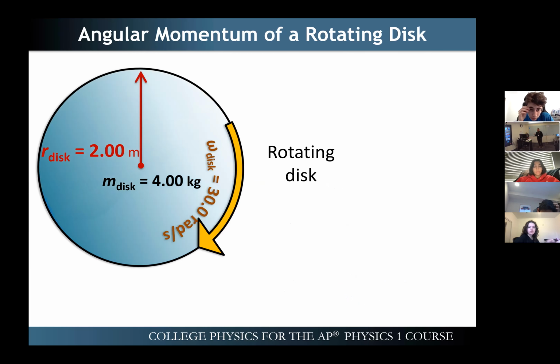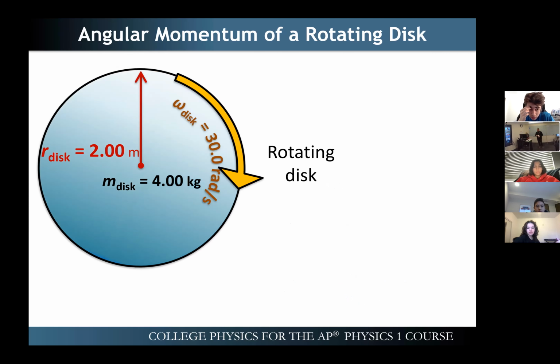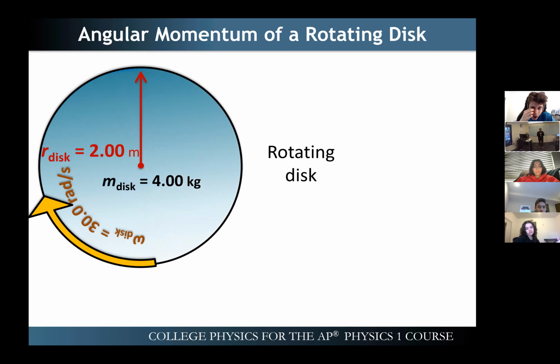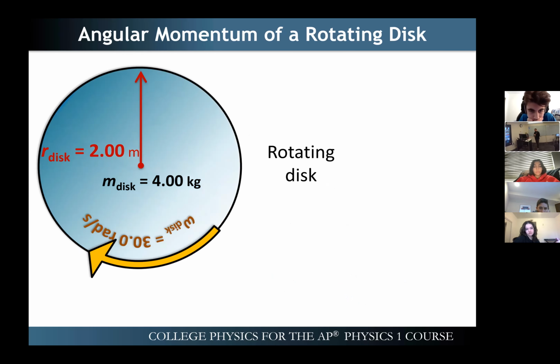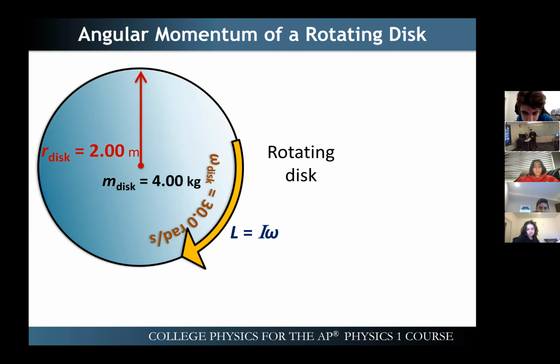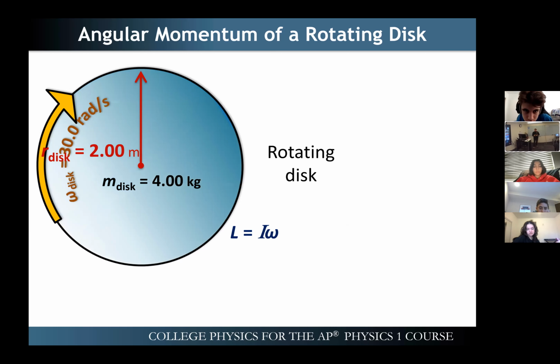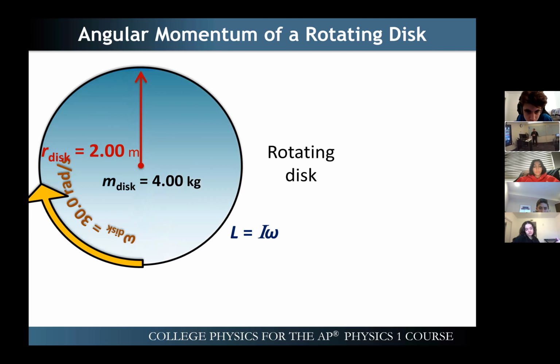So in this scenario, we have still a 2 meter radius and still a 4 kilogram object, but now that mass is spread out over a disk instead of compacted into a small particle or small object. Still moving at 30 radians per second. So now that it's a disk, we still are going to use the same momentum equation, but how are we going to have to change this? Divide by 2 because it's 1/2 mr squared instead of just mr squared.